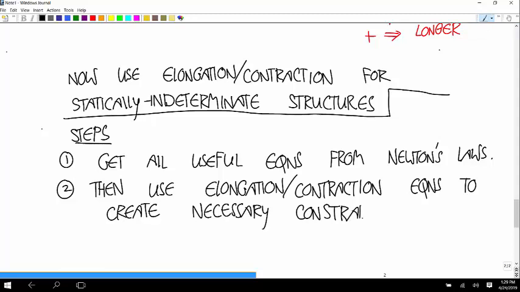Okay, so when you use Newton's second law, or any Newton's laws talking about it generally, you're going to have more variables than equations.